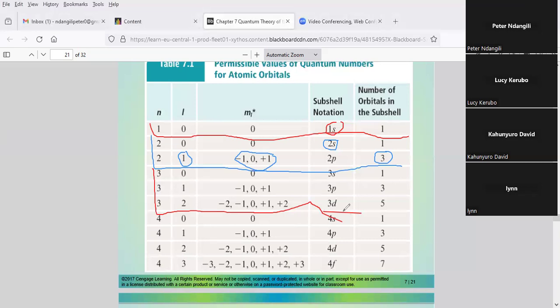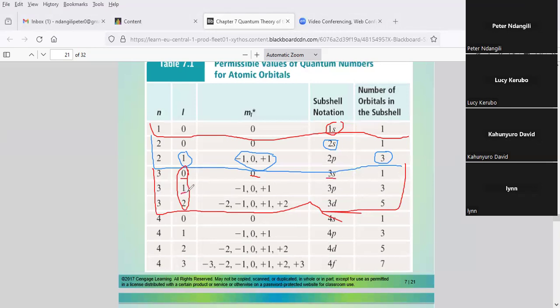So for the value of N is equal to 3, we are going to have 3 possible L values. These are the 3 possible L values. And for each of these L values, we are going to have the corresponding ML values. For example, when L is equal to 0, ML is also 0, and you get a 3s. It is only 1.